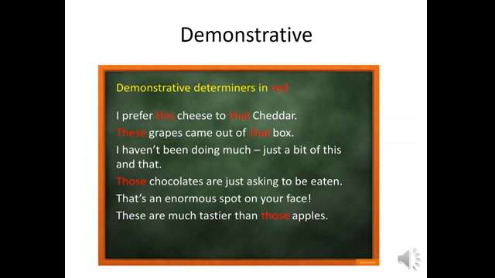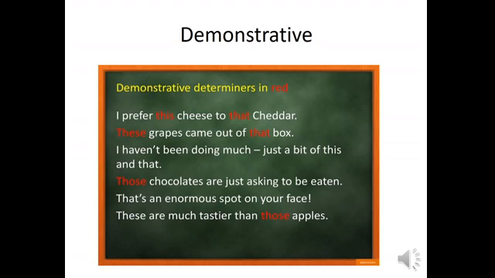So I have read these lines. Now what do you have to observe here? You have to observe the demonstrative determiners, which are in red in color. I prefer these cheese, this cheese, then that cheddar. So this, that, it gives us an idea; it is demonstrating how each item is being given preference.